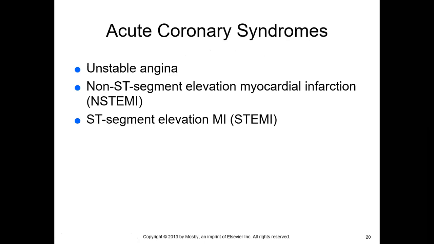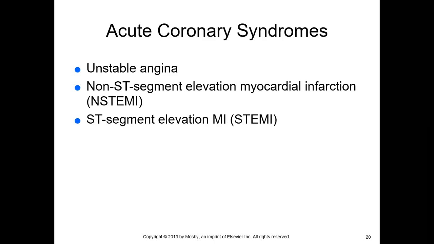So that takes me to the final slide. Acute coronary syndrome is a condition that people get, caused by a similar sequence of pathologic events that involve a temporary or permanent blockage of a coronary artery.